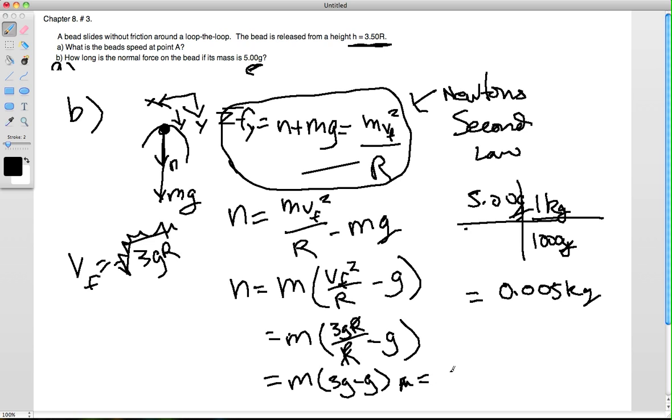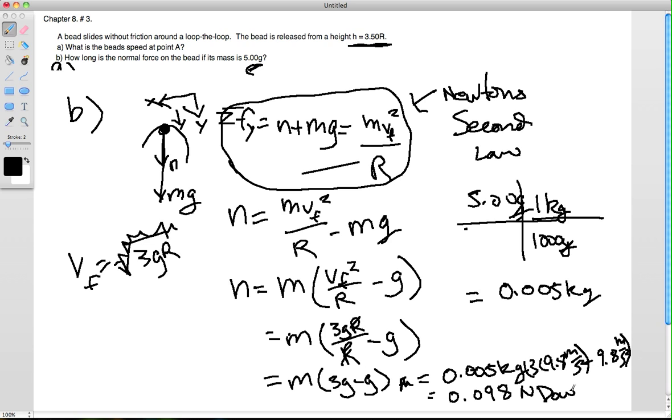Back to this equation: 0.005 kilograms times 3 times 9.8 meters per second squared minus 9.8 meters per second squared. That totals up to 0.098 newtons in the downward direction. And that is basically the way chapter 8, number 3 is done.